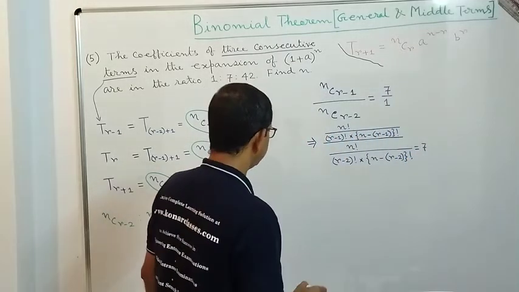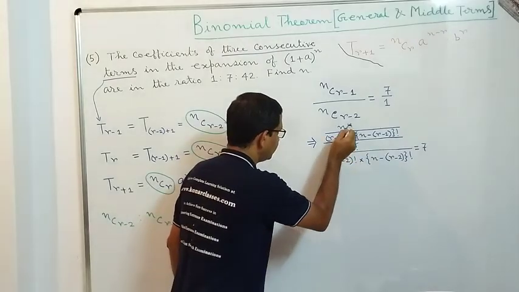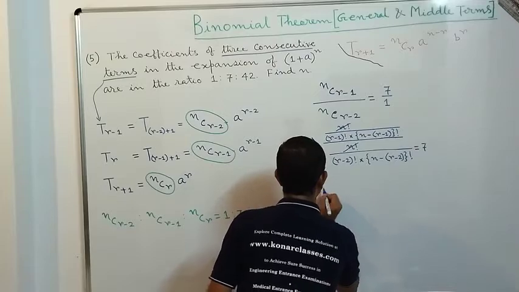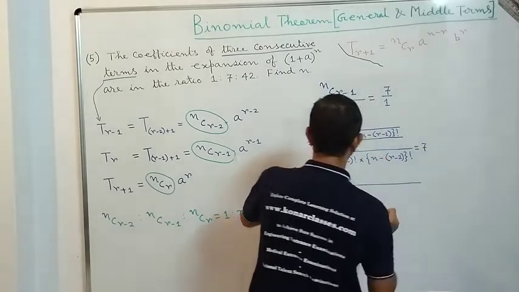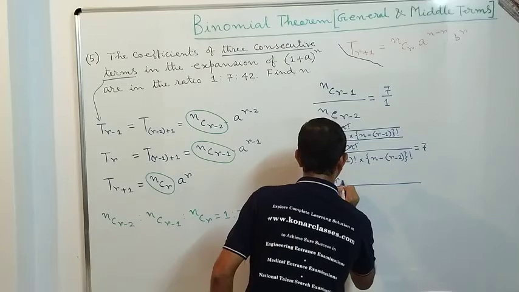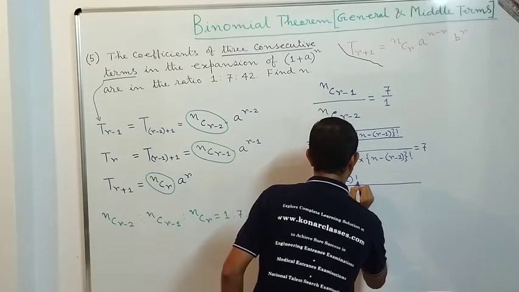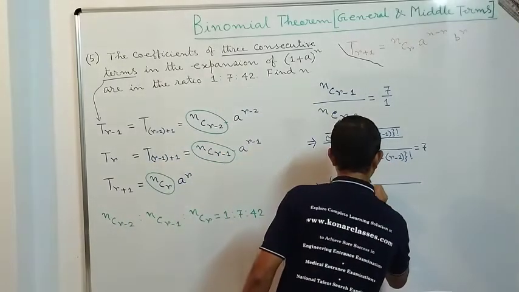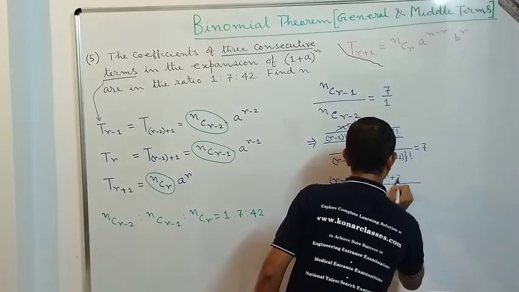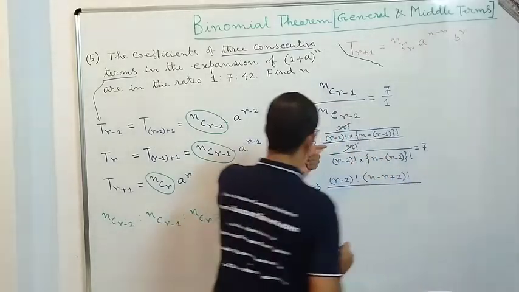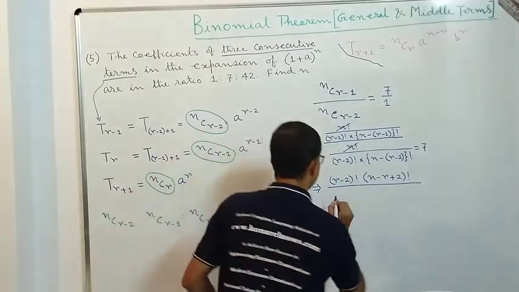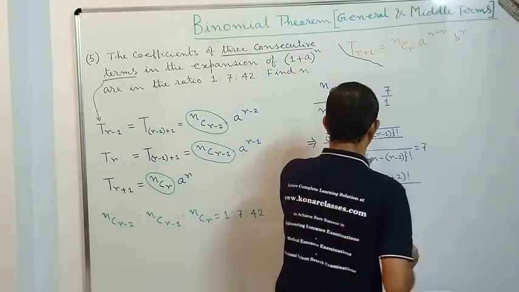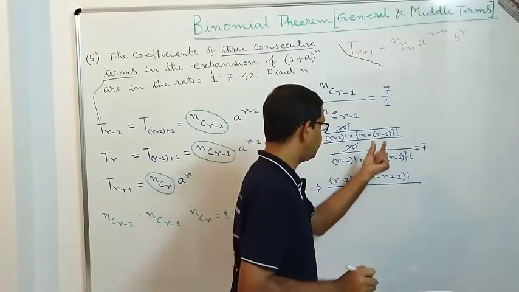So from here what we get, dear students? We see that factorial n and factorial n got cancelled. So what we get from here, dear students? This implies in the numerator we get r minus 2 factorial into n minus r plus 2 factorial, divided by, in the denominator, r minus 1 factorial into n minus r minus 1, within bracket r minus 1.